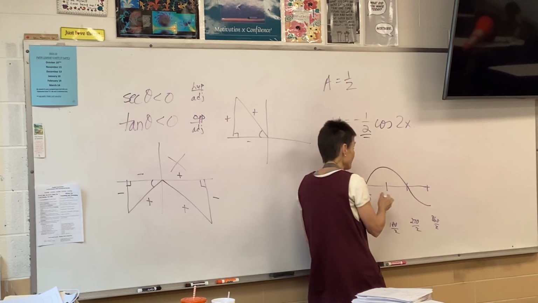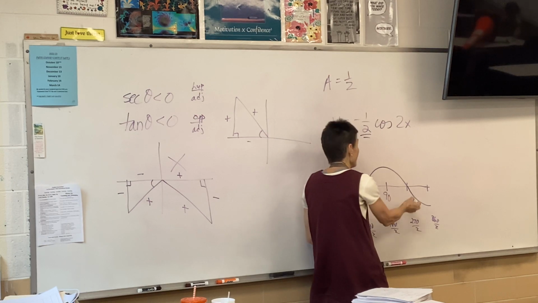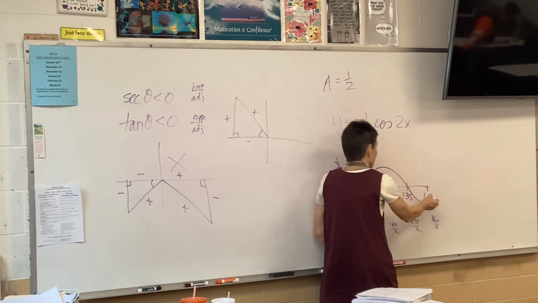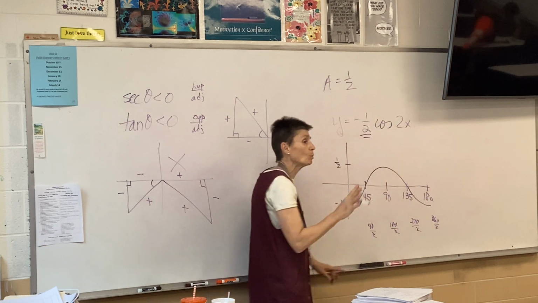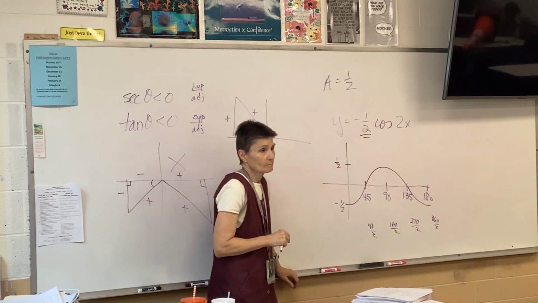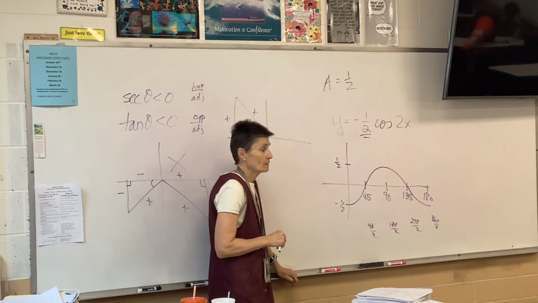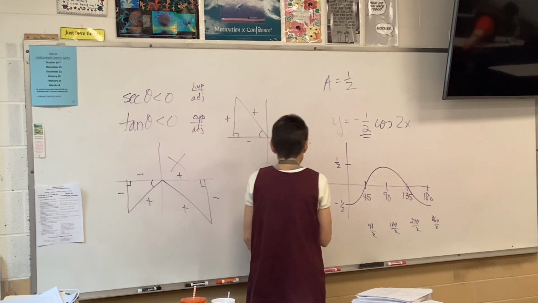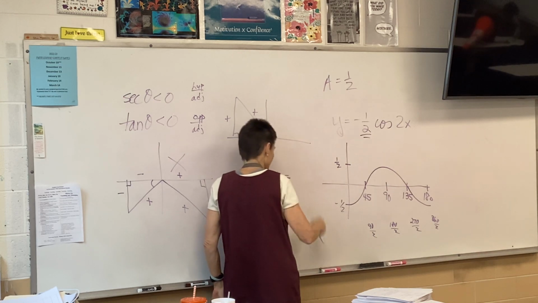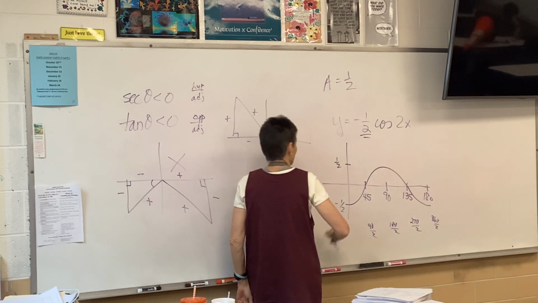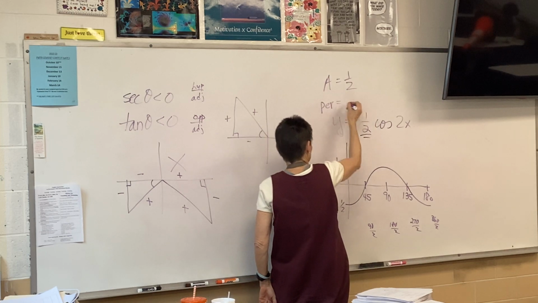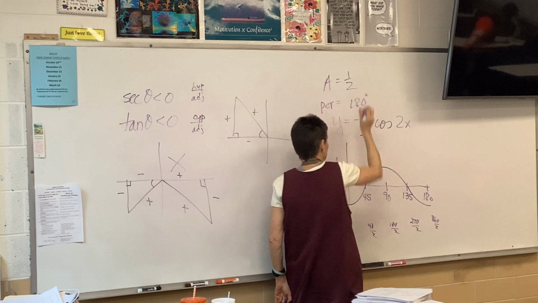So 45 plus 45 plus 45 plus 45. It's whatever works for you. What's my amplitude? Oh, I wrote it down. Amplitude's 1/2. What's my period? 180 degrees.